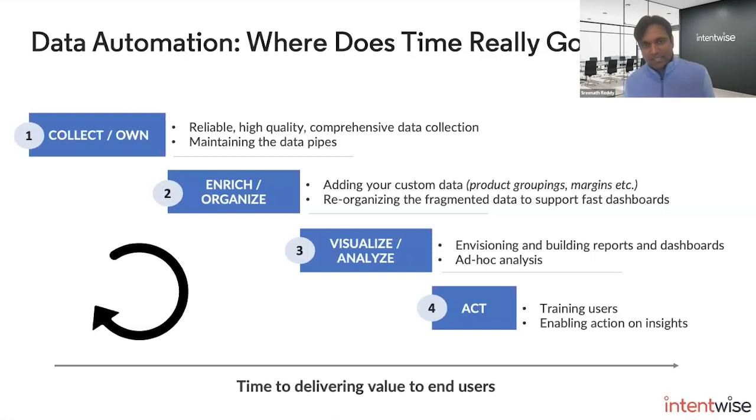And then the second slice of time is, let's say you have collected the data, you still need to enrich it, augment it. For example, let's go back to the example of profitability, and we'll talk about it more. You want to ingest your unit cost data into the data you've already collected to get an accurate view of profitability. You want to better organize the data so that the dashboards you have built on top of the source data or the raw data actually load fast.